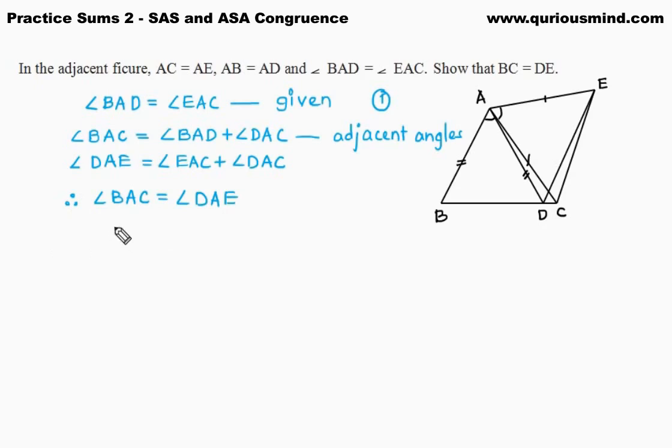So this is one. Given, and this is also given. And from this side, angle, side, using SAS congruence, we can say that the triangles are congruent.